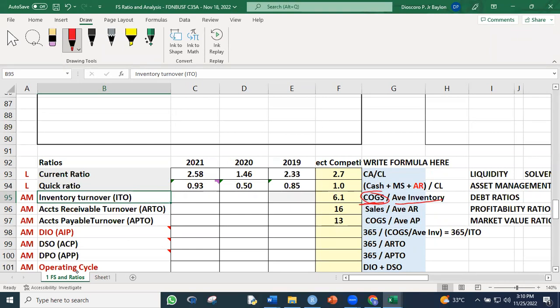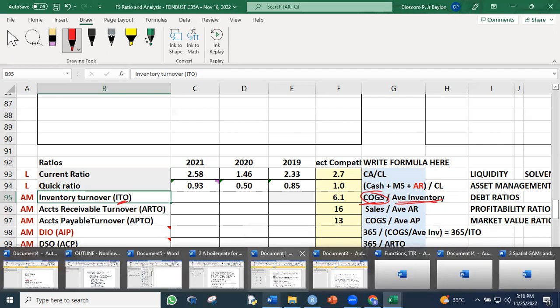Assuming that the income statement and balance sheet here is for the year 2021, 2020, etc. Now, when we divide it by inventory, take note of this ratio, turnover. Whatever we turn over will be your denominator. So inventory turnover, how many times are we turning over inventory?